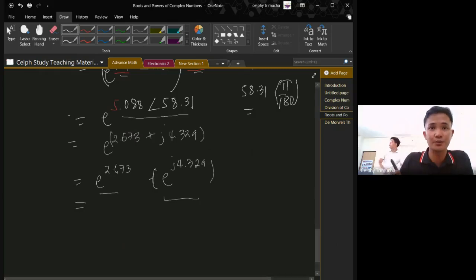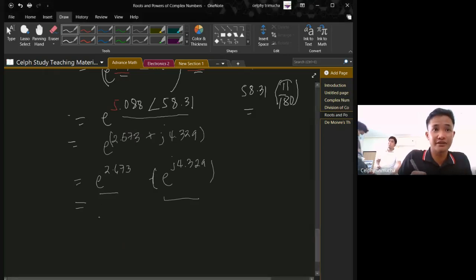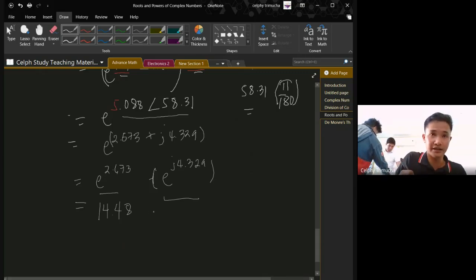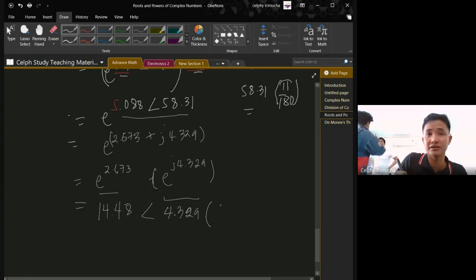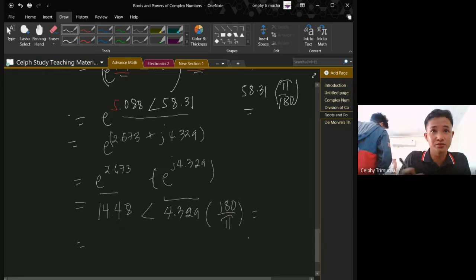We will have e raised to 2.673, equals 14.48. Then ang aton nga angle will be 4.329 times 180 all over pi.